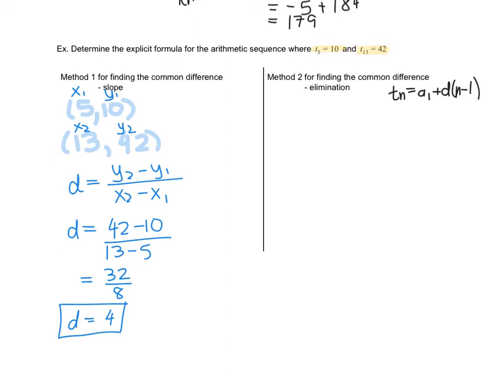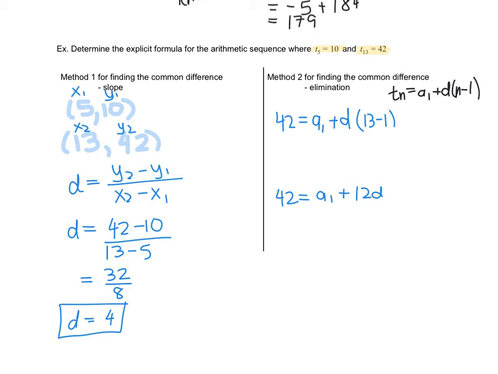I know tn is the actual number in the sequence, which is 42, and that's equal to a1. We don't know the first term, we don't know the common difference, but I know it's the 13th number, so 13 minus 1. I'm just going to clean that up. a1 plus 13 minus 1 is 12, and instead of writing d times 12, I'm just going to write 12d because that's where we usually put the coefficient.